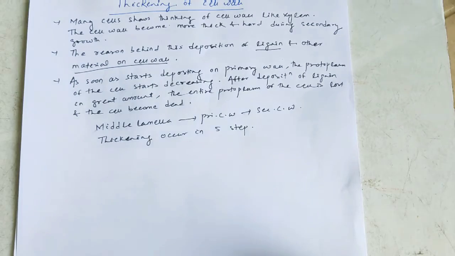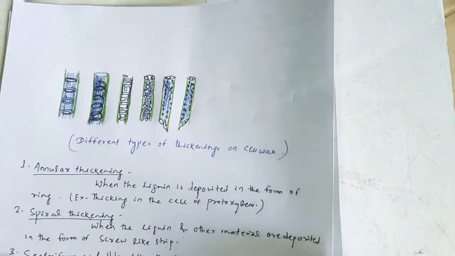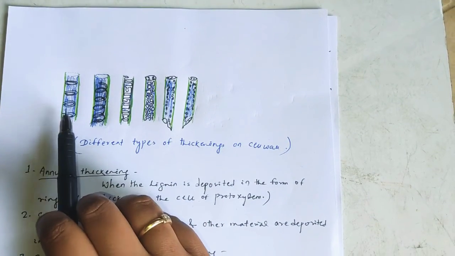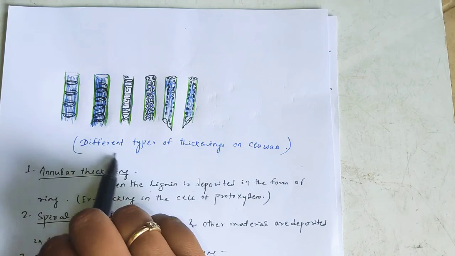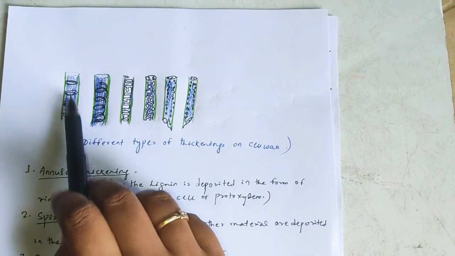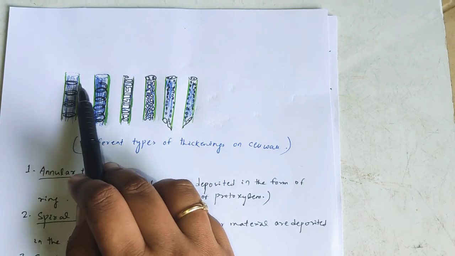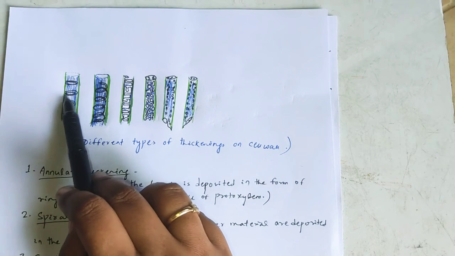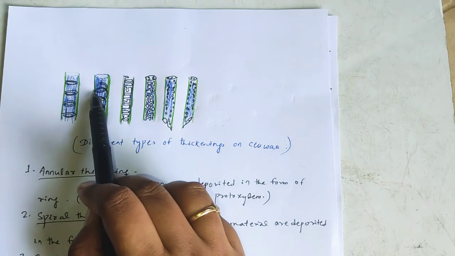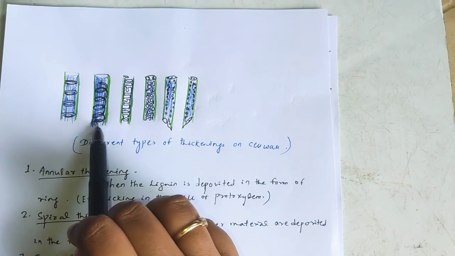So here see, in this diagram you can see the different types of thickening on the cell wall. First, annular thickening, which forms ring-like deposition. Here the spiral thickening, in twisted form.